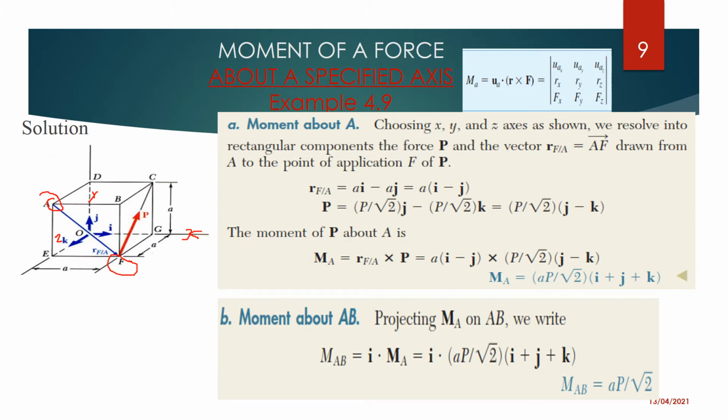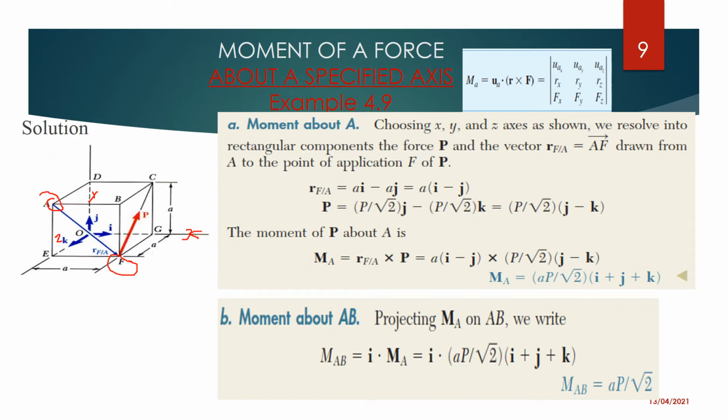So if you want, you can use R from A to F, or R from A to C. You still get the same solution. How do you get the position vector? We always know that you need to subtract the coordinates, in this case R from A to F. You subtract the coordinates at F minus the coordinates at A. If you use the position vector from A to C, you do the same.